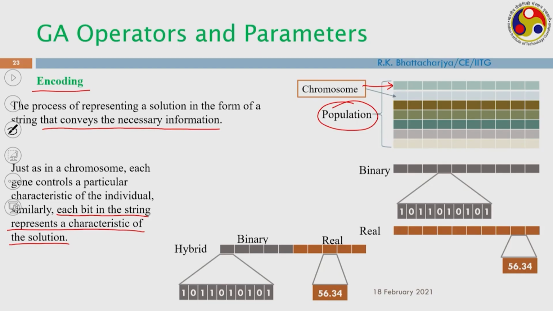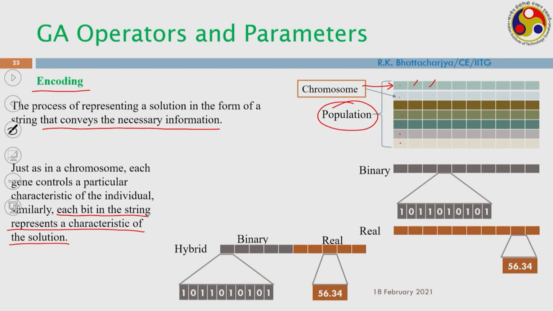Suppose the population consists of chromosomes. Here I have 1, 2, 3, 4, 5, 6, 7 chromosomes in the population. This is a chromosome and these are all gene information, just like the biological chromosome, and once you have the gene information, you can apply the crossover concept on this chromosome.